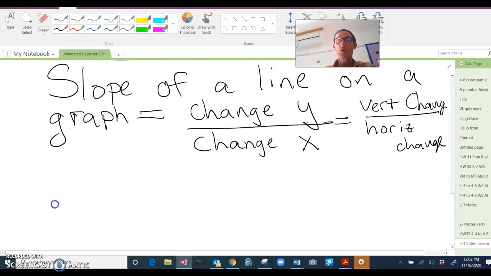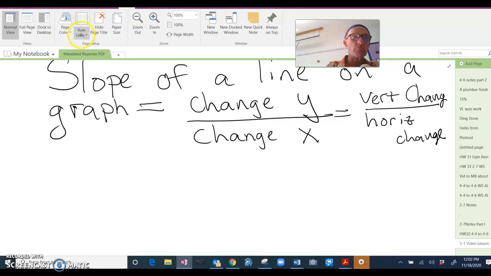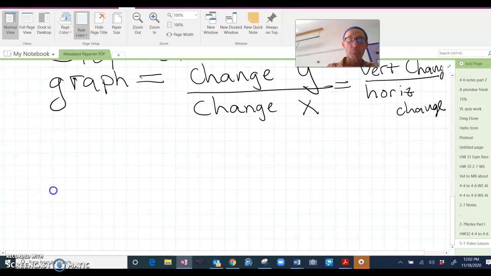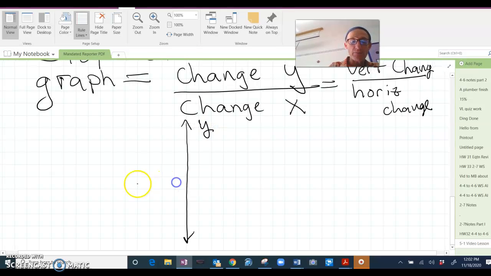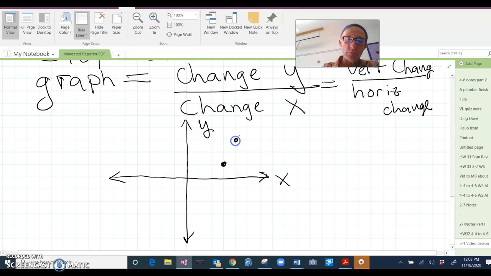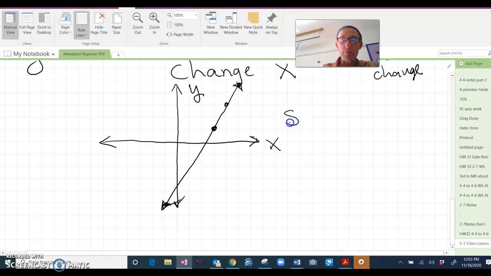So when you have a graph, here's a graph. This is the y-axis. And this is the x-axis. And you have a line that goes through these 2 points. And you want to find the slope.